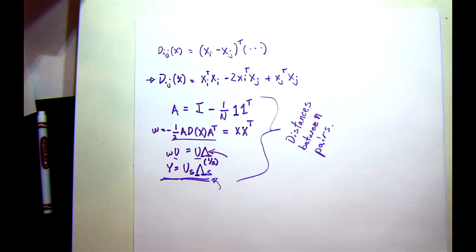Because we have this A, that A in there, I think those are, I mean, certainly these are the singular values of W, not of the X. So we define this new W, which is actually this guy.